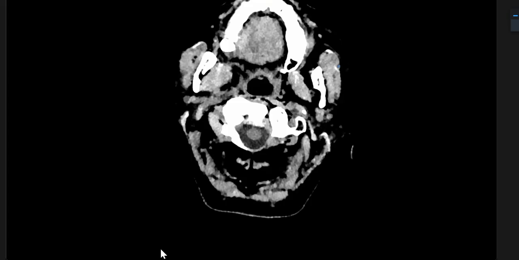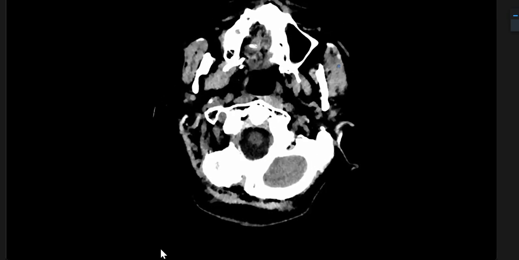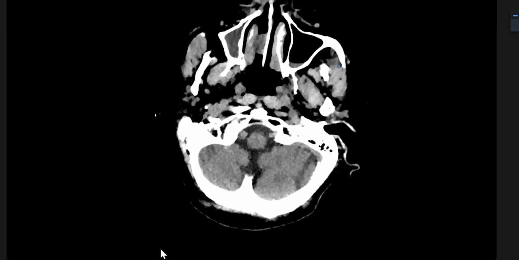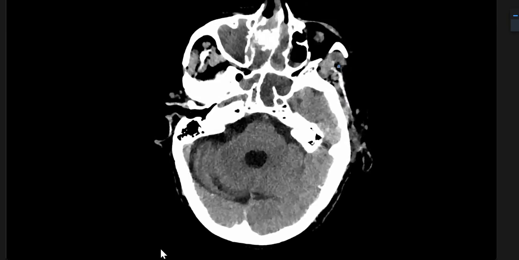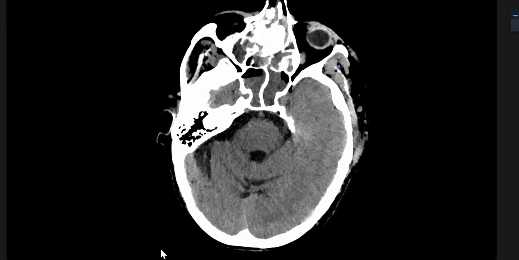Okay. Thank you. This is CT axial cuts for the brain for a patient presented with ongoing headache. I will check the whole stack of the images, then I will give my comment.